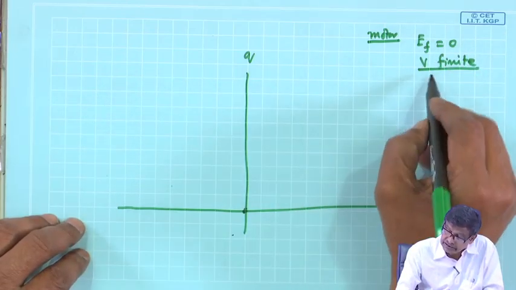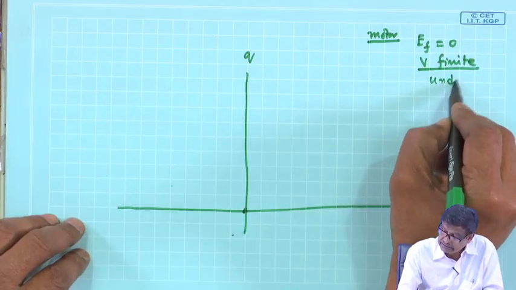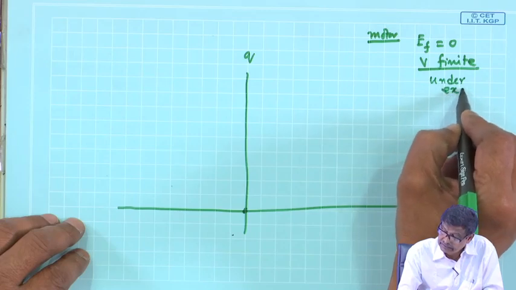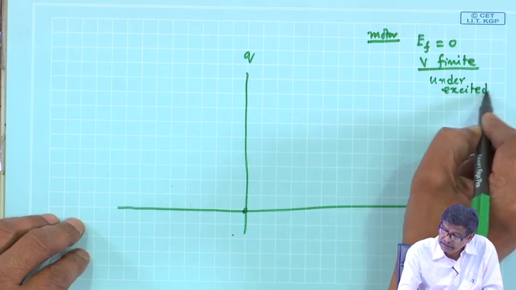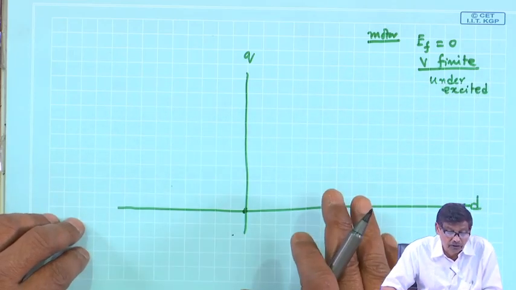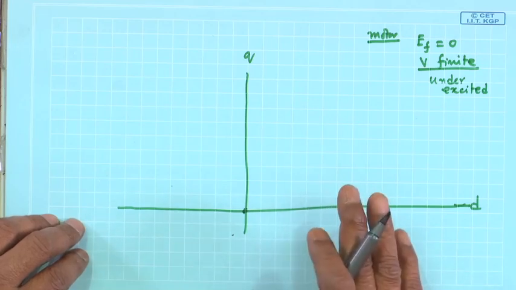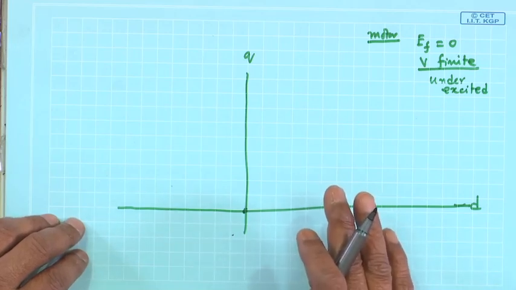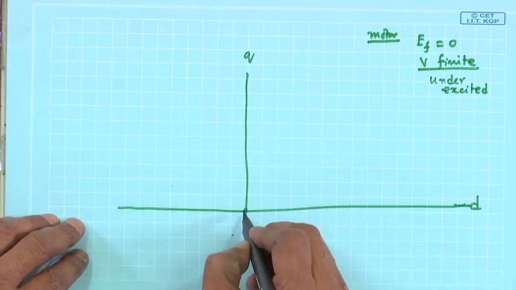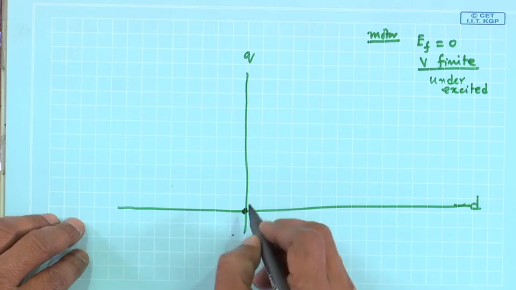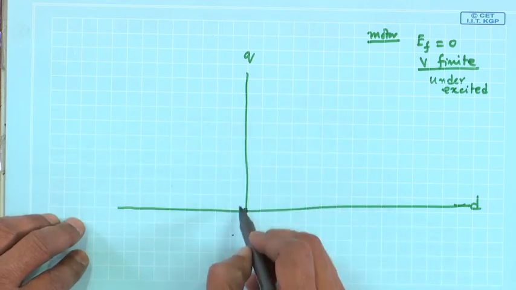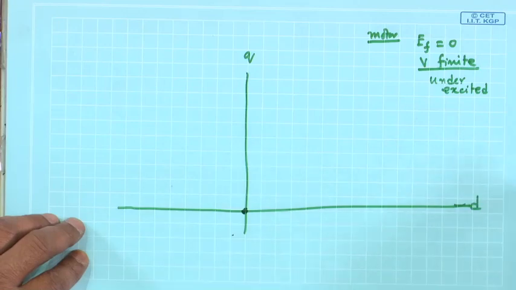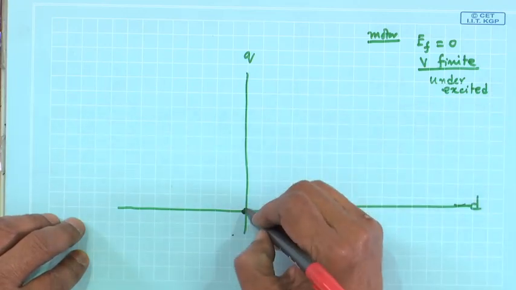So, the machine is under excited. Under excited synchronous motor always draws lagging current. Okay? It will draw lagging current. So, this Ef is here. So, V will be here along this line.